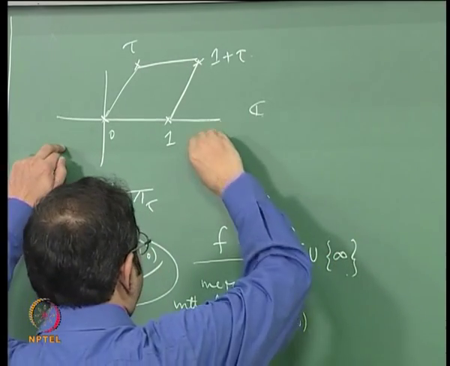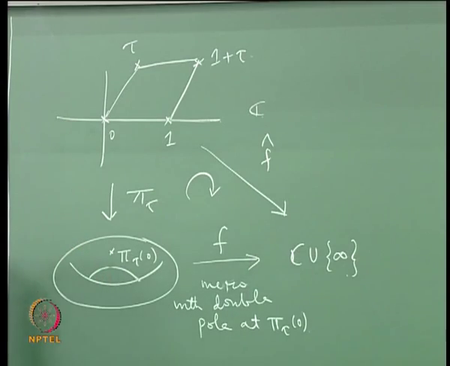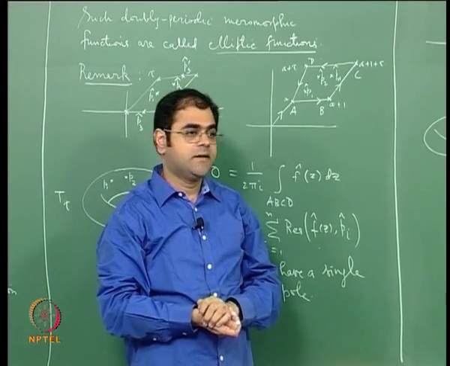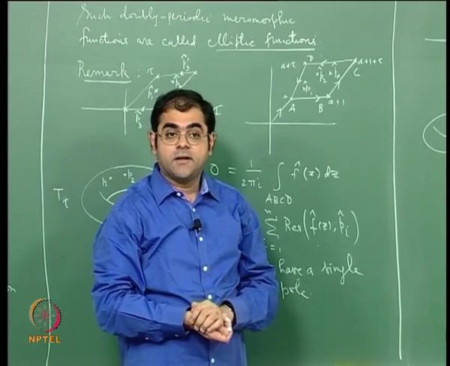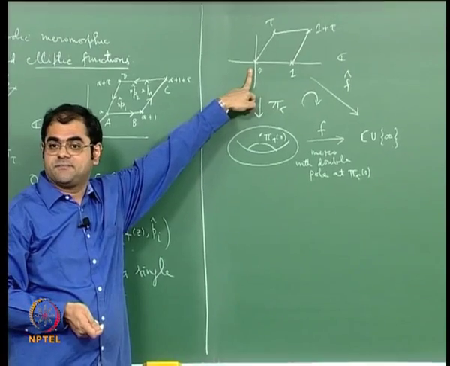And that means that the function above, f hat, is going to be an elliptic function, a meromorphic doubly periodic function, which is going to have a double pole at every point of this lattice.